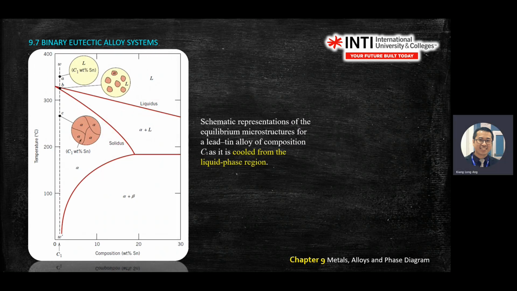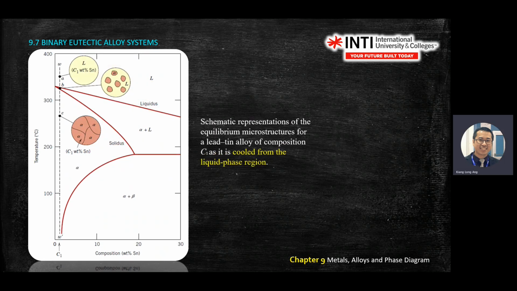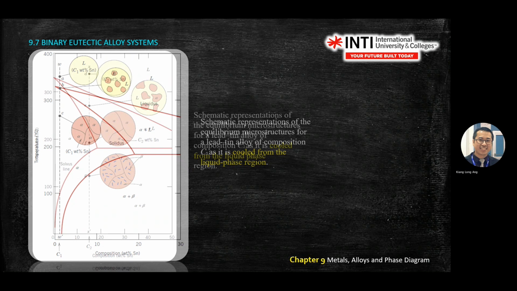Okay, so if you drop from the top point A to point C, it means you cool it down. And now you shift the line from C1 percentage to C2 percentage.